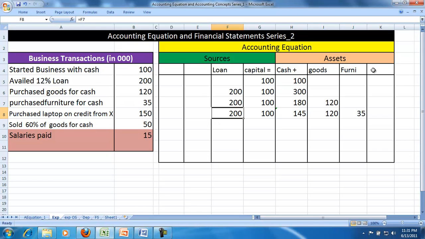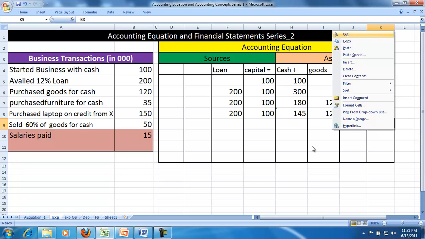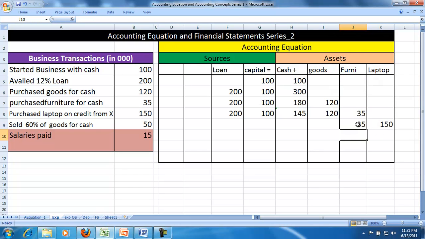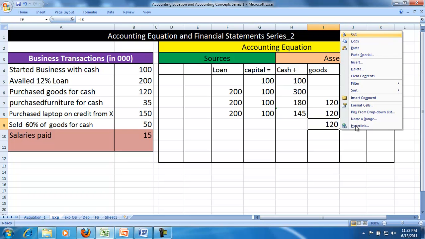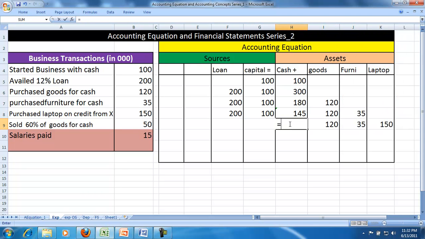Then a laptop is purchased, and the laptop is an asset, so 150. No change in the furniture, no change in the goods, and no change in the cash because they purchased it on credit, and no change in the capital, no change in the loan. However, a creditor comes into the picture, and that is for 150. So the equation once again tallies.